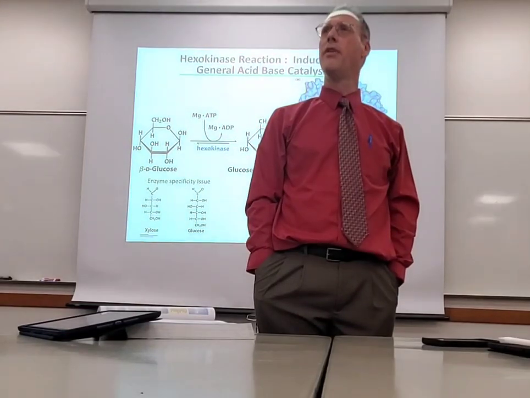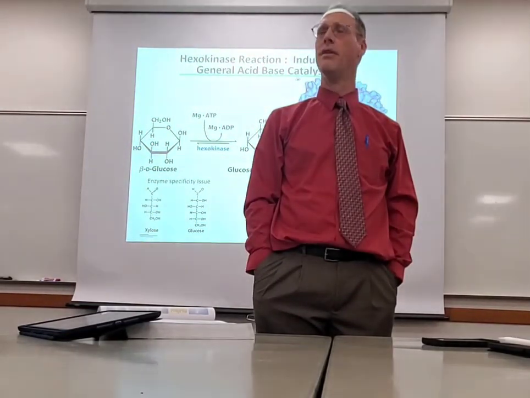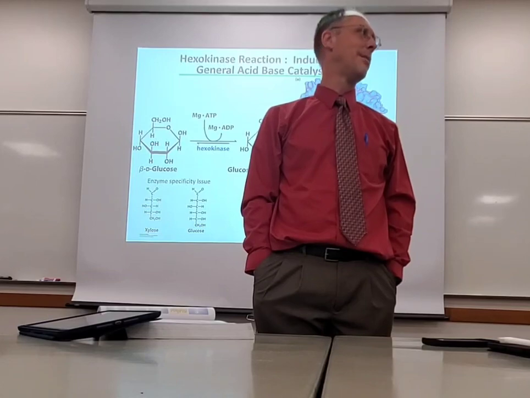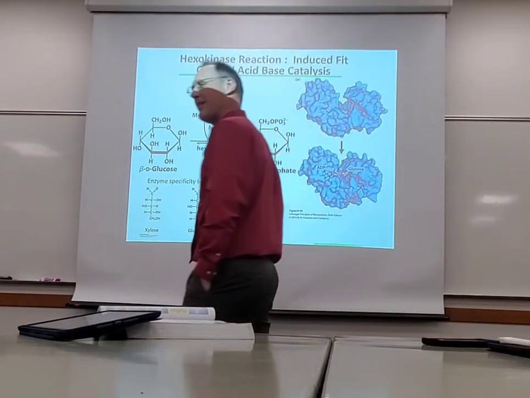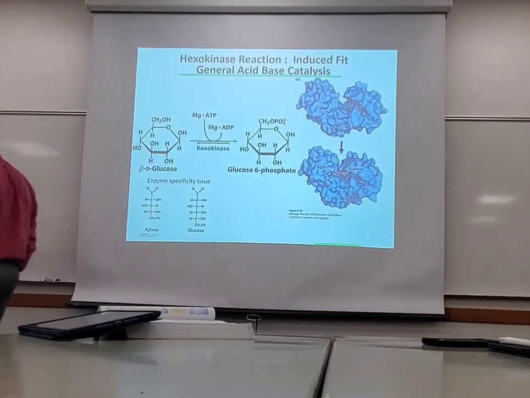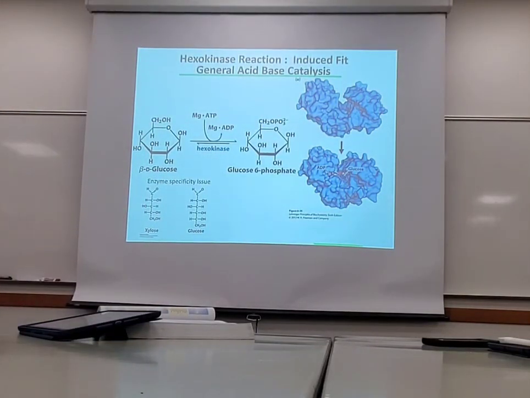Would that be really healthy for a cell? No. Because I'd spend all my ATP doing what? Phosphorylating water. So would xylose leave, or would water just keep kicking out? Water just keeps kicking out. Well, that'd be easy. It'd be right back.